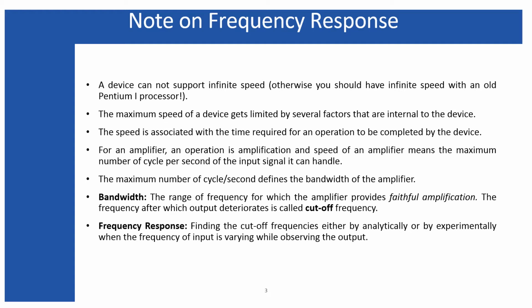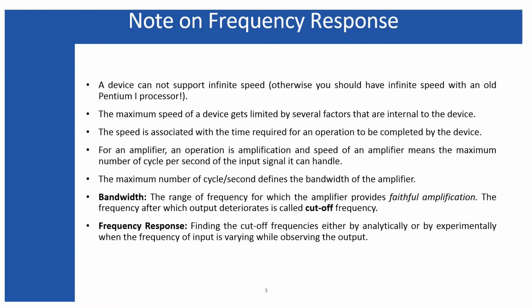Speed means the time taken by a particular device to perform a particular operation. But when we are dealing with amplifiers, it is the maximum number of cycles per second the particular amplifier can deal with or amplify.